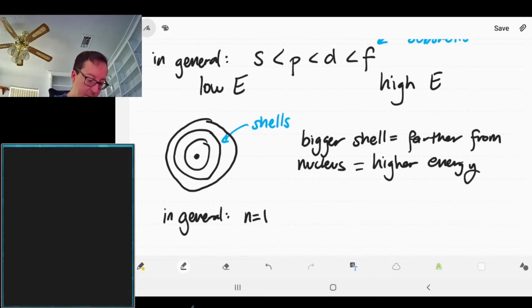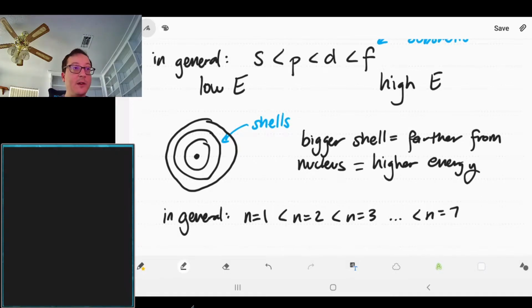Your shell number will also correlate with your energy. So your lower shell, whichever is closer to the nucleus, is smaller.